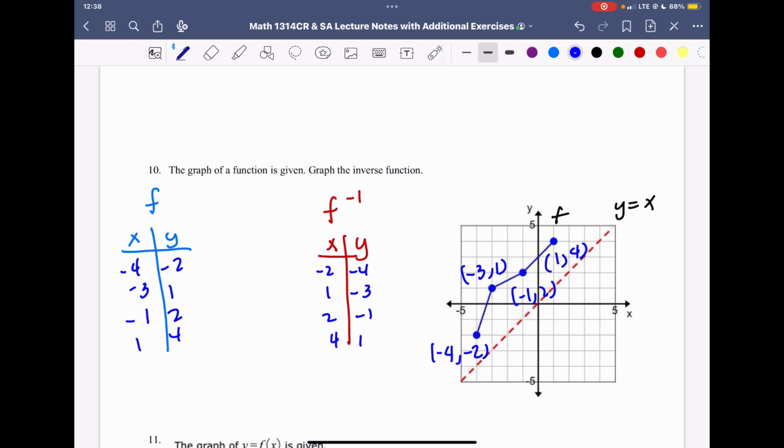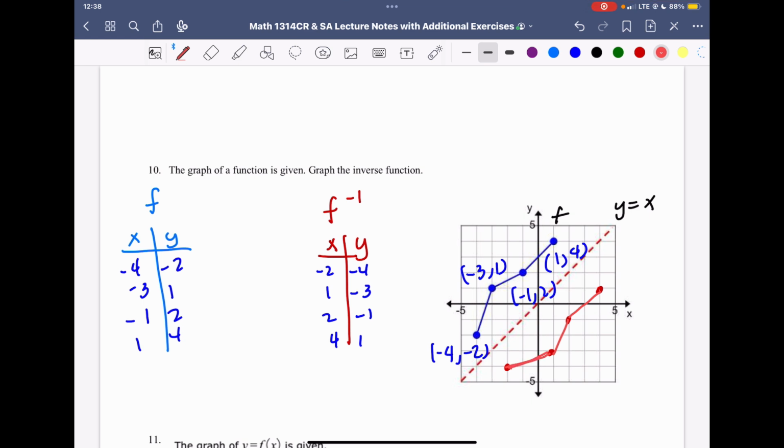So negative 2, negative 4 in red, and we're going to connect the dots. And then 1, negative 3, 2, negative 1, 4, 1. Then we connect the dots.